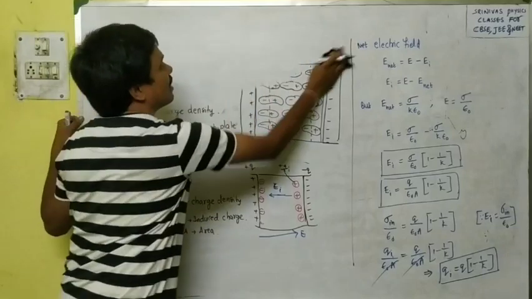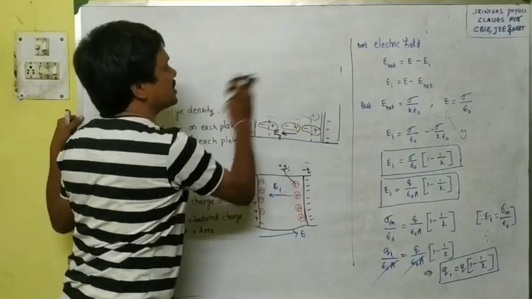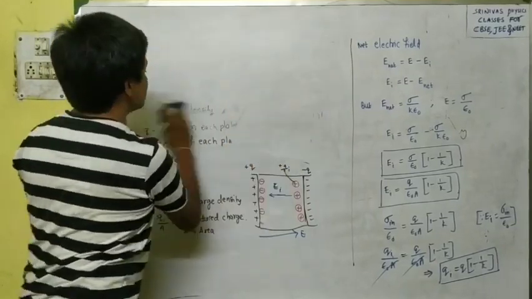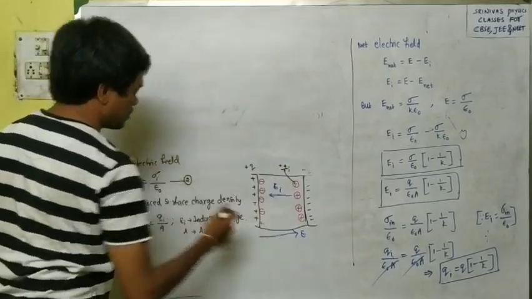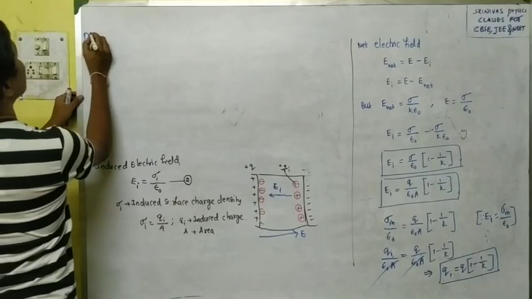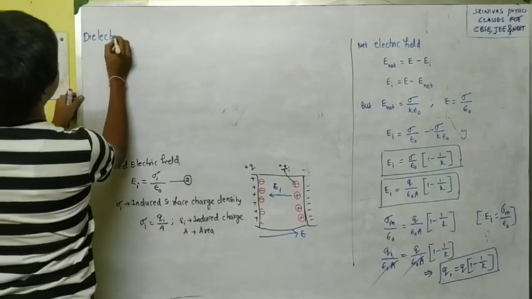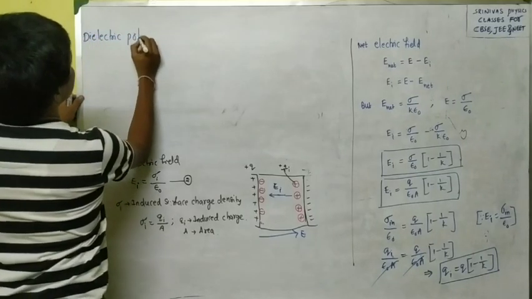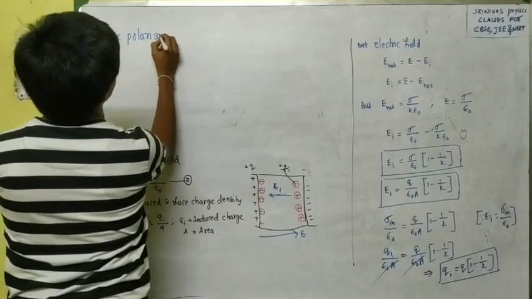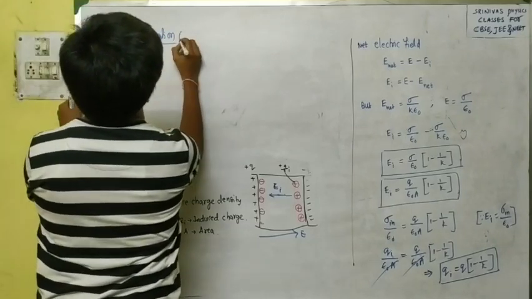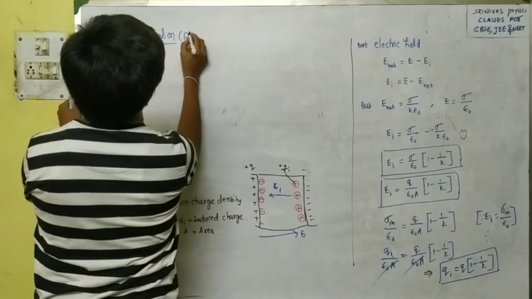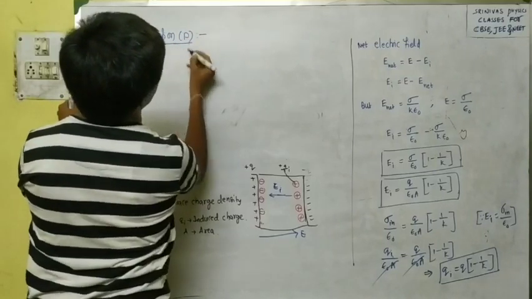Okay, and the next one is dielectric polarization, the last topic. Within 1 minute our topic will complete. Now let us see what is dielectric polarization. This is capital P. It's not dipole moment.